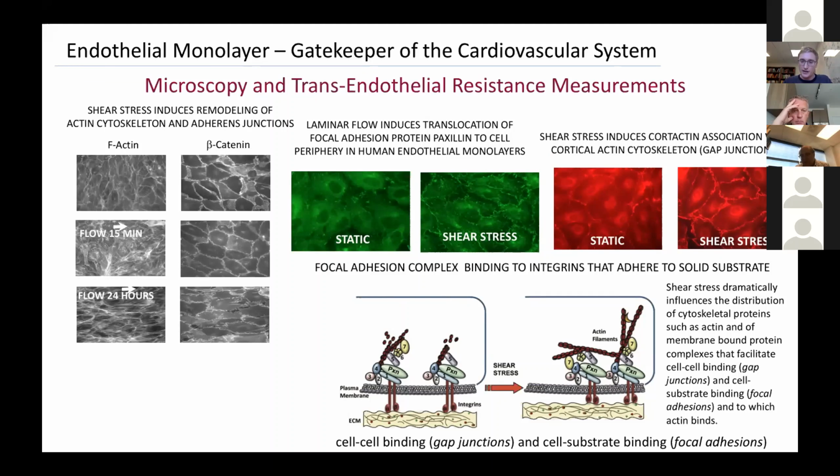And that communication is through this particular type of transmembrane protein that leads to large assemblies called gap junctions. Focal adhesions are another set of these assemblies, which are very similar proteins, that now allow the cell to communicate with the extracellular matrix, which is the support underneath that the cell monolayer sticks to.